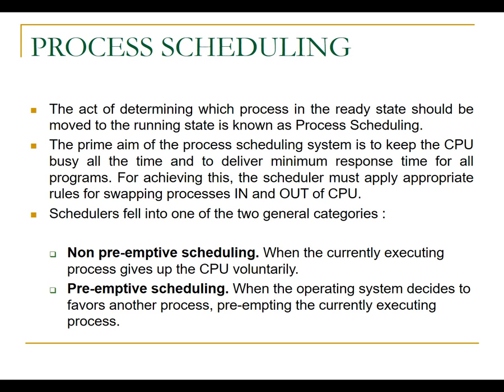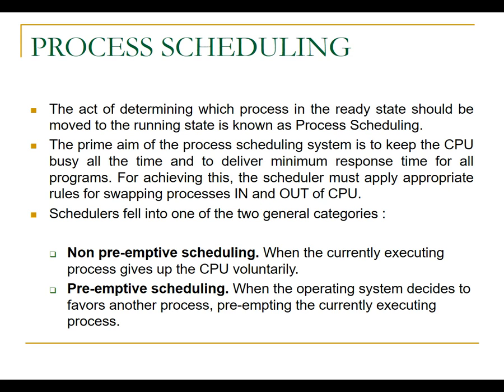Now the primary aim of the process scheduling system is to keep the CPU busy all the time and deliver the minimum response time for all the programs to achieve a faster output.